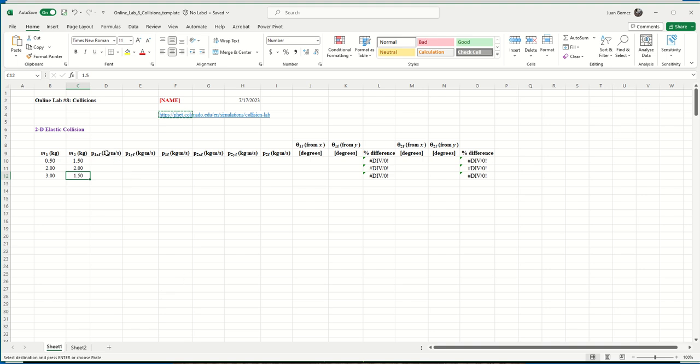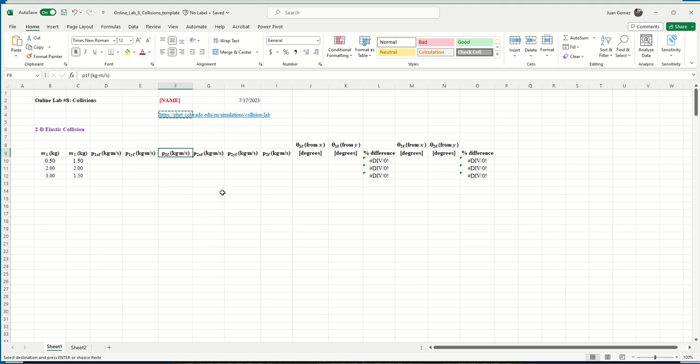And notice here I've got the columns going from D over to N. Notice this is P1X final. In other words, that's the final X momentum of M1. This is the final Y momentum of M1.